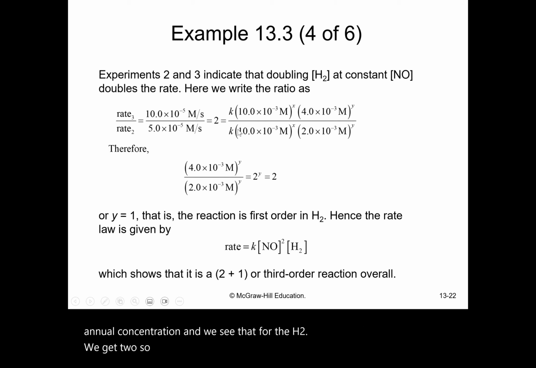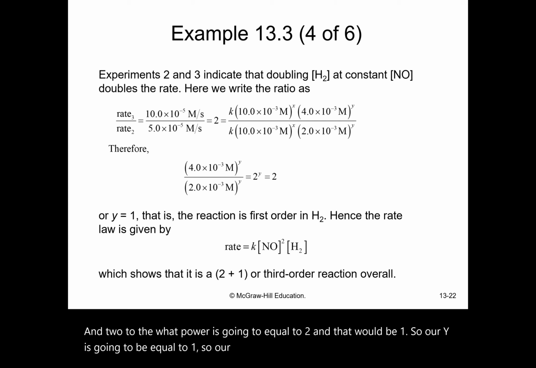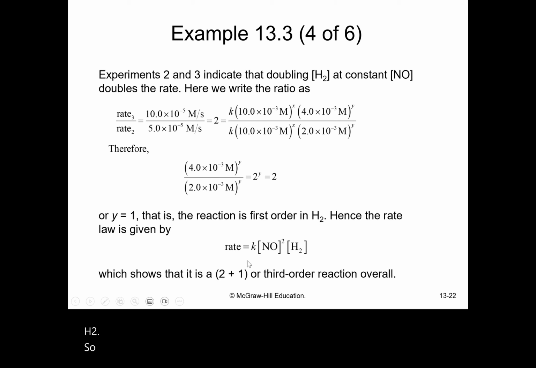So when you divide this, you get the 2. And 2 to the what power is going to equal 2, and that would be 1. So our y is going to be equal to 1. So our reaction is going to be first order in regards to H2. So second order on the page before and first order for this.